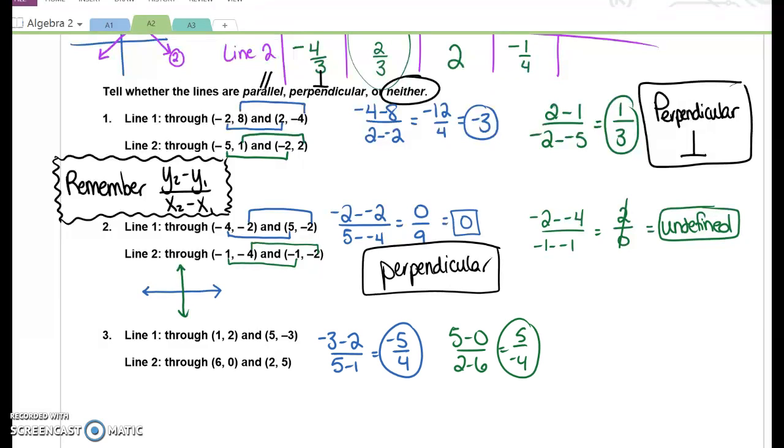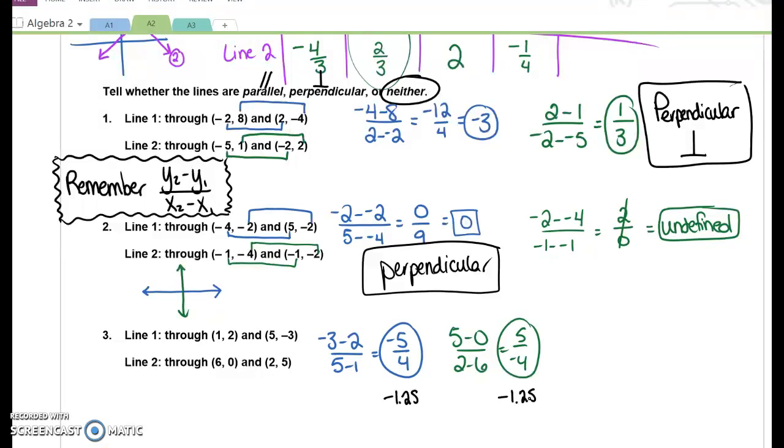answer. I have had students tell me that these two are perpendicular because the negative is in a different place. Is that correct? No, that is not correct. If you were to plug this into a calculator, -5 divided by 4 is -1.25. 5 divided by -4 is -1.25.